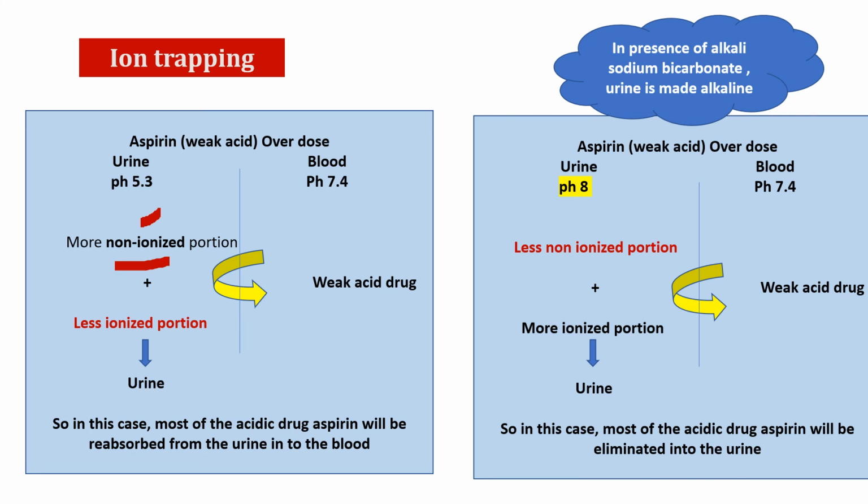But if you give sodium bicarbonate, the urine is made alkaline. The acidic aspirin at pH 8, that is alkaline urine, will have more ionized portion. Being ionized, it will not be absorbed through the cell membrane into the blood. So in this case, most of the acidic drug will be eliminated in the urine.